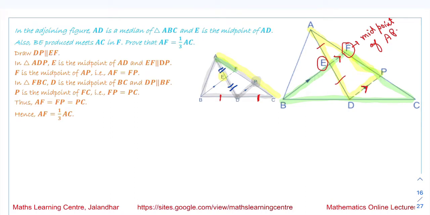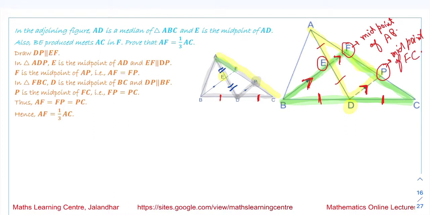Similarly, when we are talking about the triangle BFC, we are saying D is the midpoint. Why? Because AD is the median. These two lengths are equal. By construction, this DP is parallel to this BF. These two are parallel. It means P is the midpoint of FC.